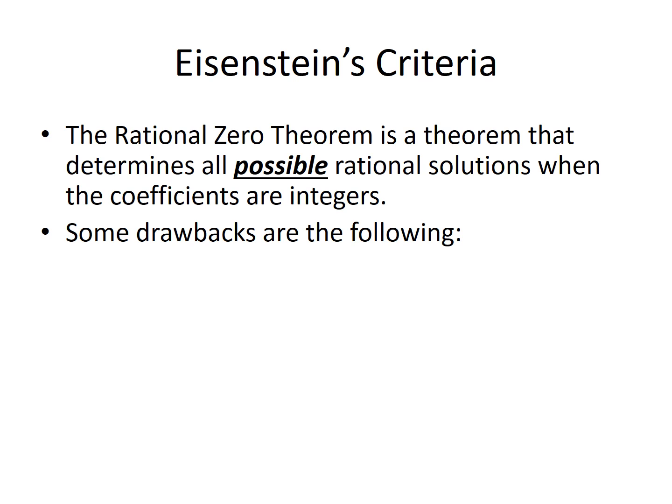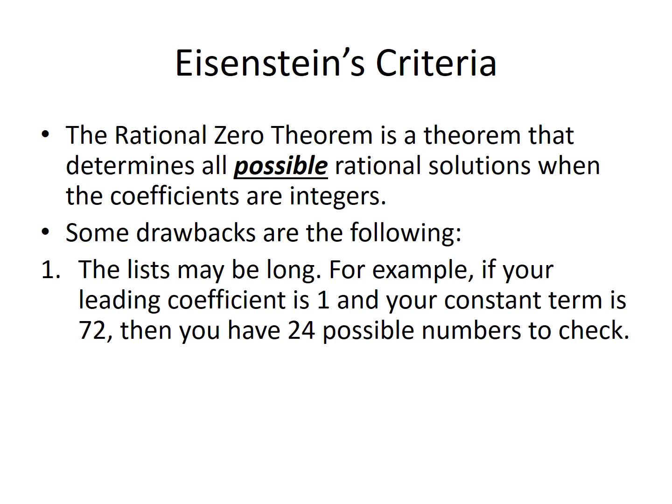So the rational zero theorem is a theorem that determines all possible rational solutions when the coefficients are integers. There are some drawbacks to the rational zero theorem, though. The list may be long. For example, if your leading coefficient is 1 and your constant term is 72, then you have 24 possible numbers to check to see if any of them make the polynomial equal to 0.